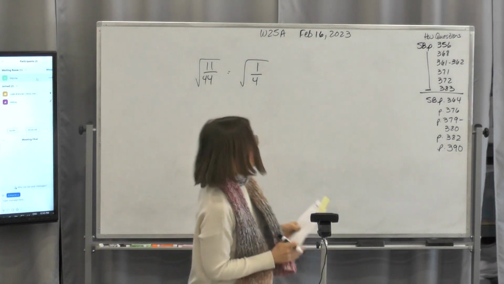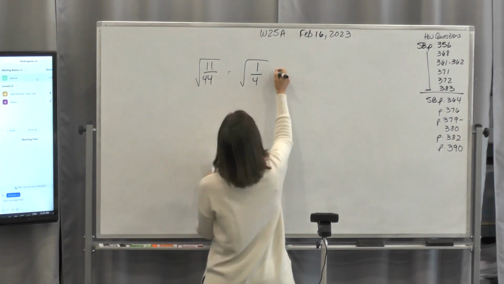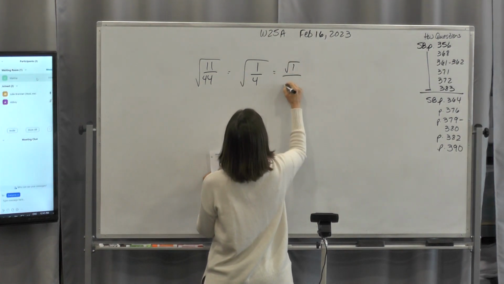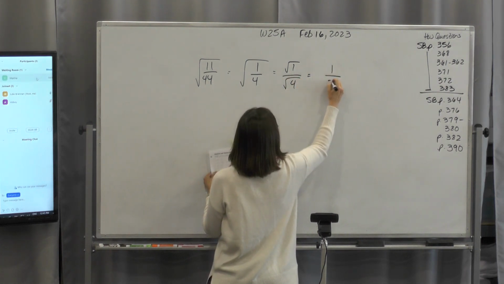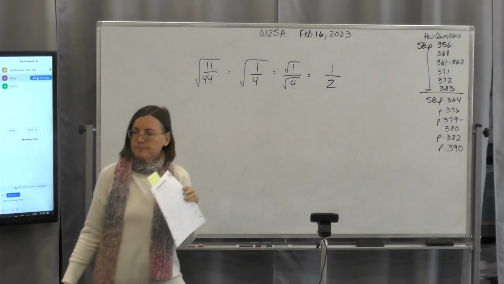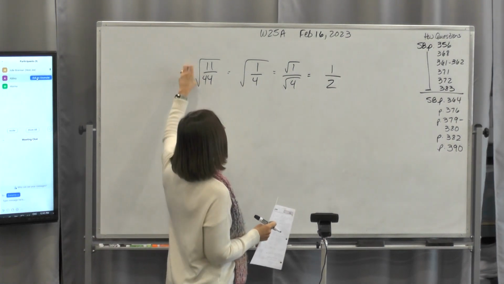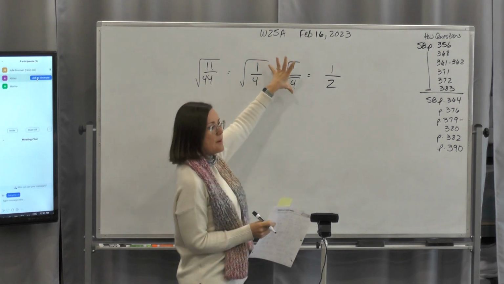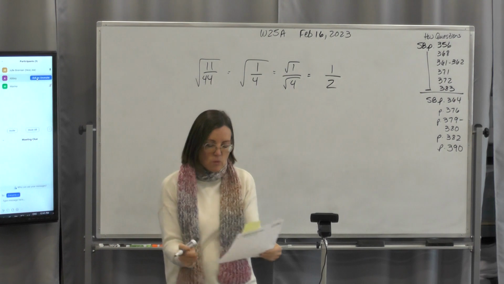But in this case, I'm just taking the square root of 1 on top. So notice we can split them up, right? The square root of 1 over the square root of 4 becomes square root of 1 is 1, square root of 4 is 2. Okay? So remembering that I can mush them together or I could split them up, whichever's going to make my life the easiest, is what I'm going to work on there.